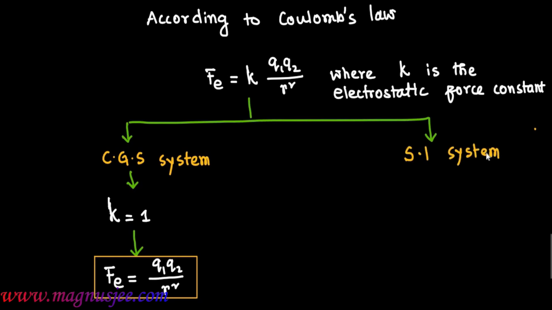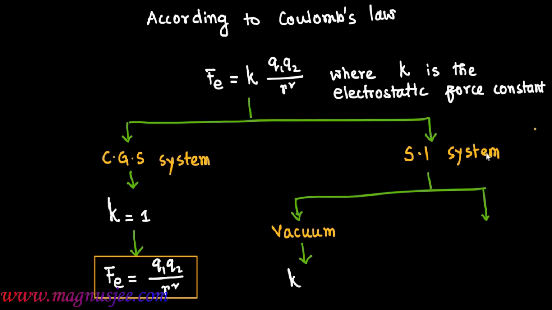Again, there will be two types of expression of electrostatic force for SI system. If we consider vacuum, that means if two point charges are placed in vacuum, in that case the value of electrostatic force constant will be 1 by 4 pi epsilon 0.